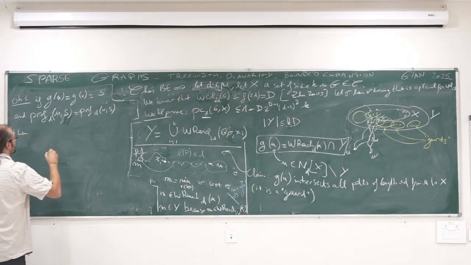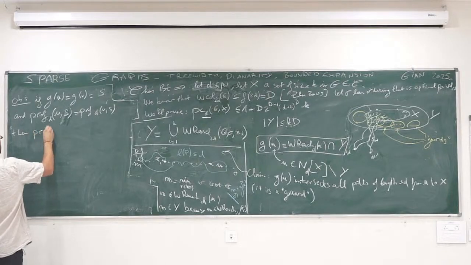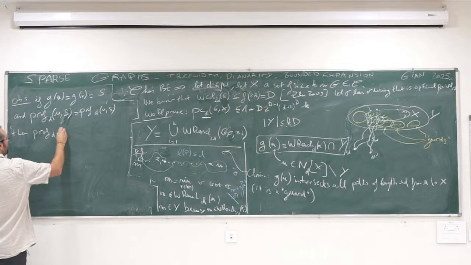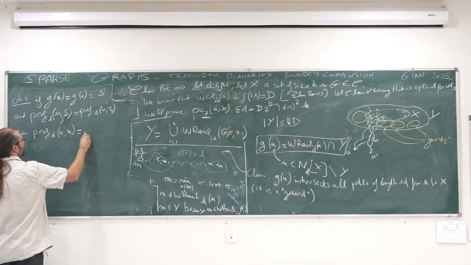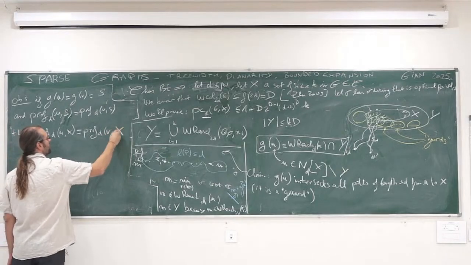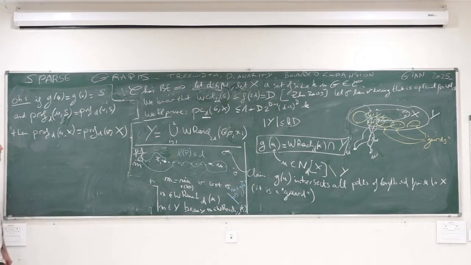Then the profile from U to X will be the same as the profile from V to X. Because all the paths have to go through this S. So I think it's quite intuitive that they cannot have a different distance to my X. Of course, I'm looking at most d.